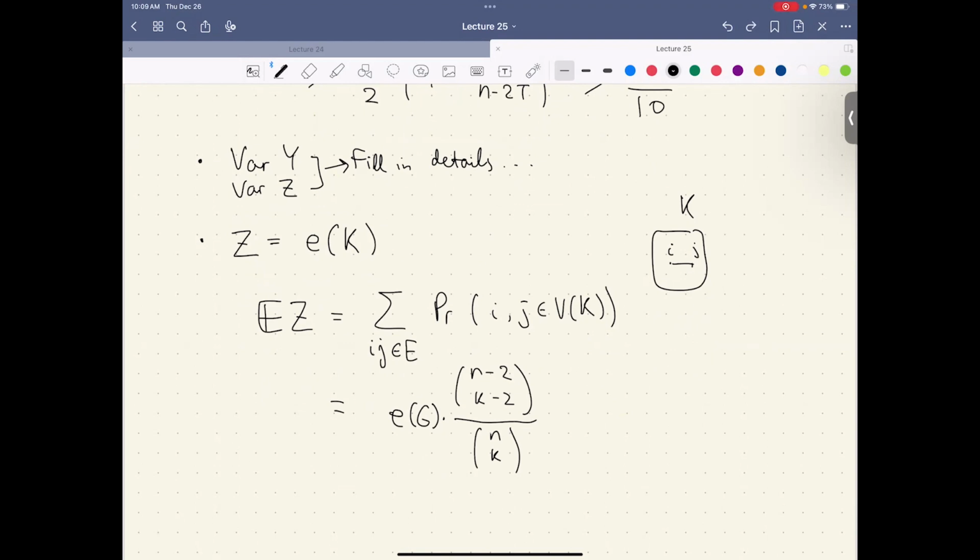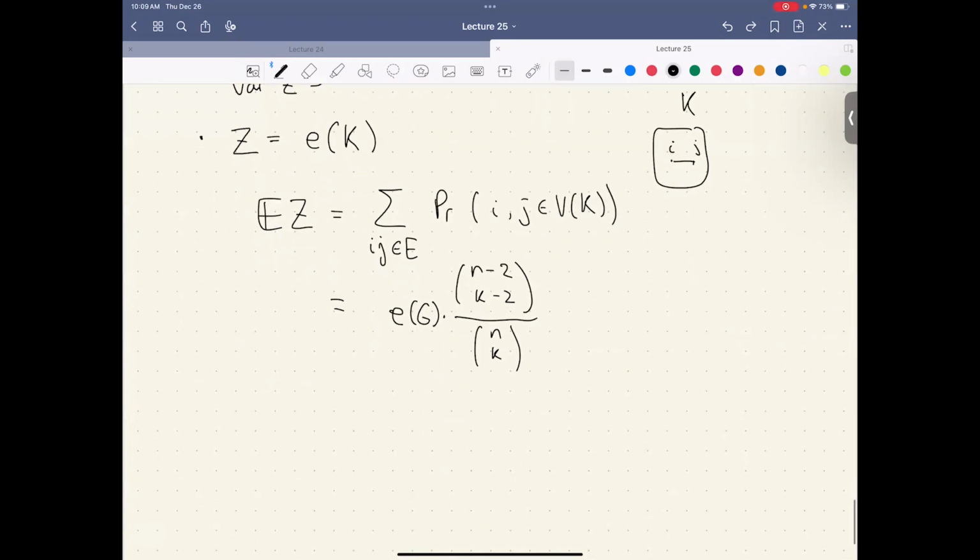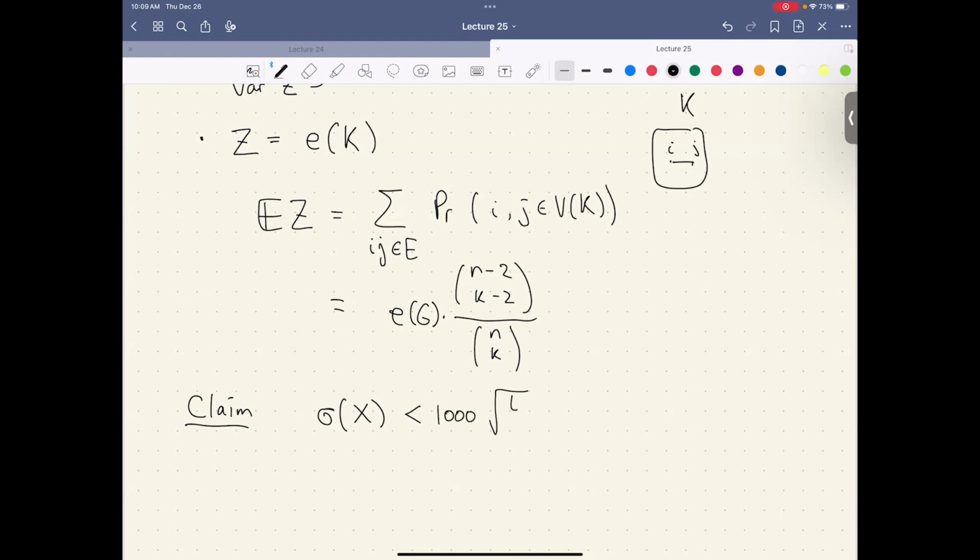Variance I will skip. Then doing some calculation, we arrive at the following claim. We've computed the first moment of x, y, z. We compute the variance. We can then obtain that for x, y, z, the standard deviation of x is at most some constant, let's say 1000 times square root of t over n, times its expectation.